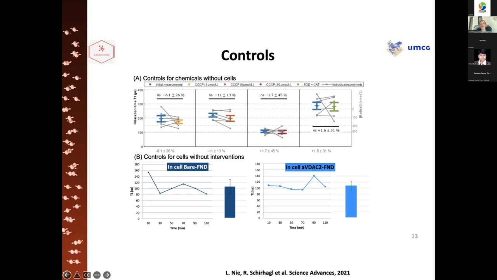So if you don't add the cells, then you don't see a response by the cells. So we see more or less no differences here. The same happens if you have a cell, but don't add the chemical. So this is the ones that you see below. And in this case, we pretty much also see no response.